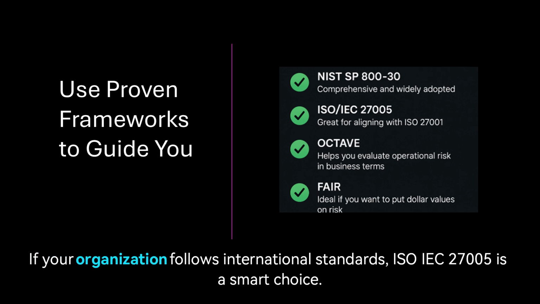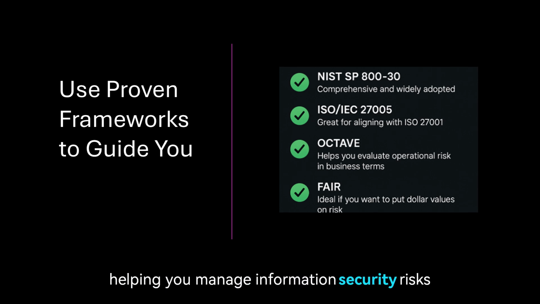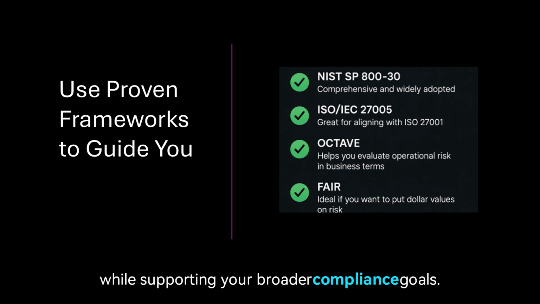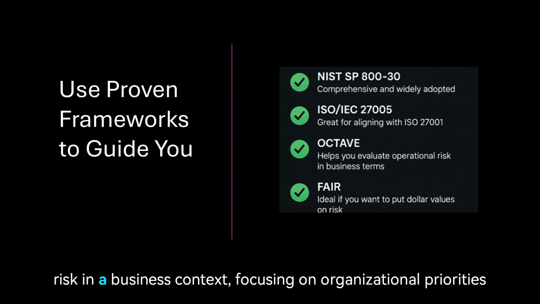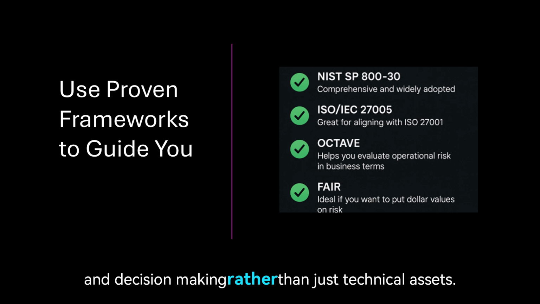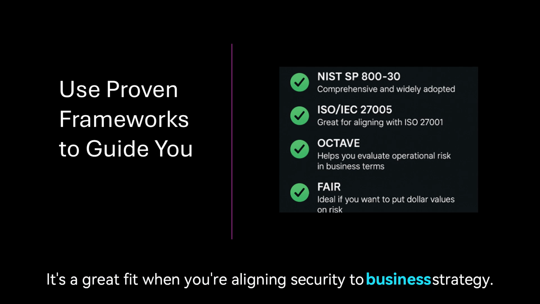If your organization follows international standards, ISO IEC 27005 is a smart choice. It's designed to work hand in hand with ISO IEC 27001, helping you manage information security risks while supporting your broader compliance goals. For a more operational view, explore Octave. This framework helps you evaluate risk in a business context, focusing on organizational priorities and decision-making rather than just technical assets. It's a great fit when you're aligning security to business strategy.